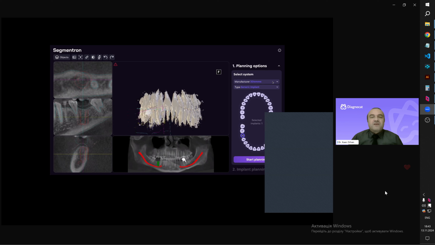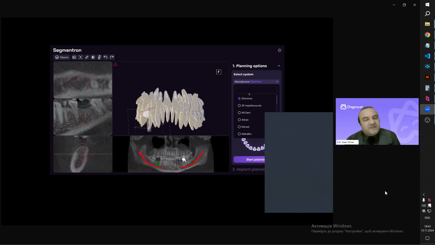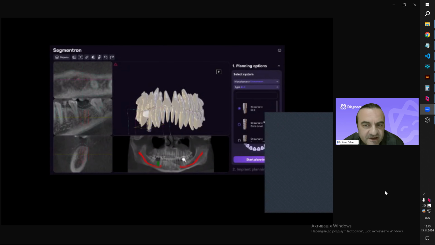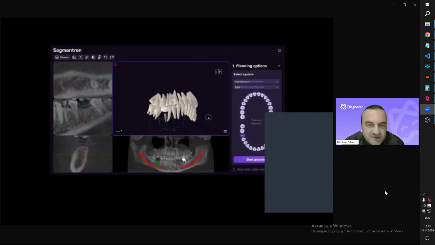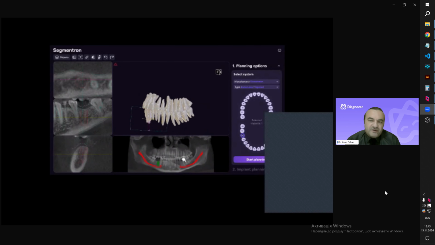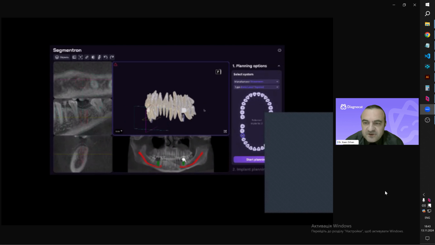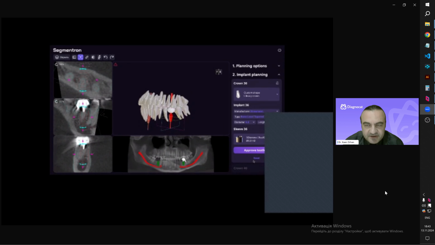So see, here is a volume 3D imaging modality. We fed it the CBCT and we are just checking which place we are going to perform the implant. In this example, it's 36 and 46. For this example, we have a library.